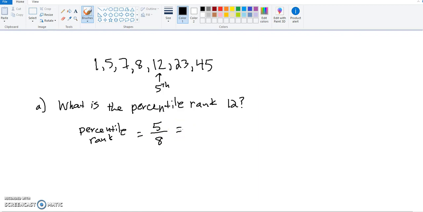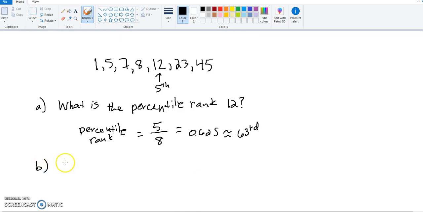So it would be 5 out of 8, which is 0.625. Or we could say, rounding up, roughly the 63rd percentile. So it's ranked according to that.